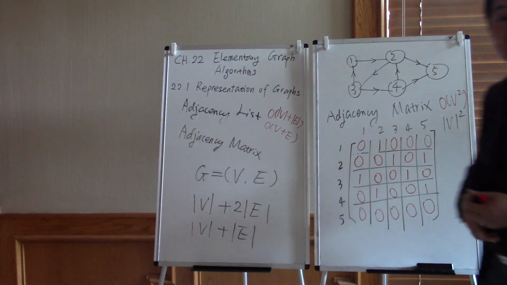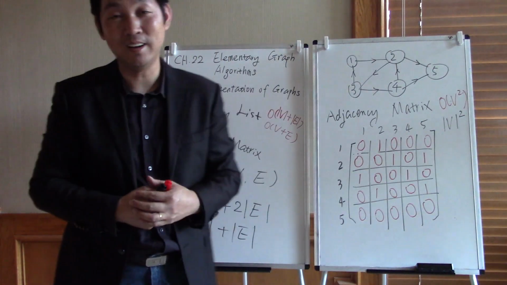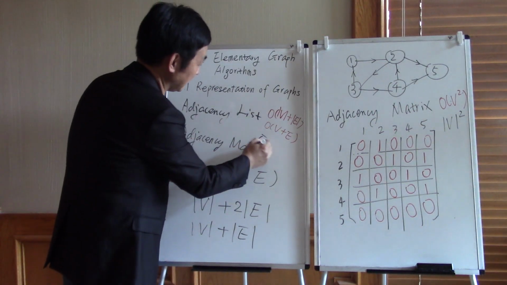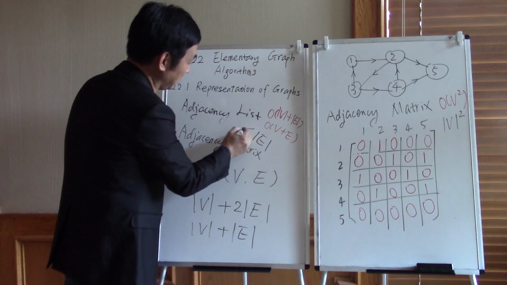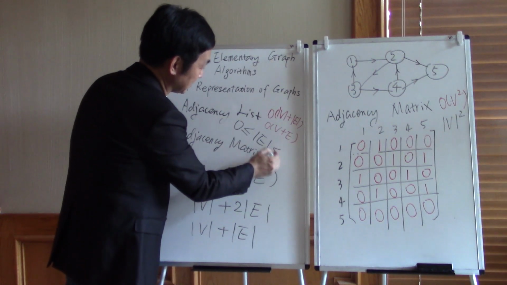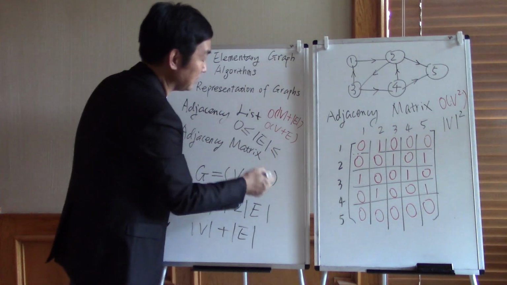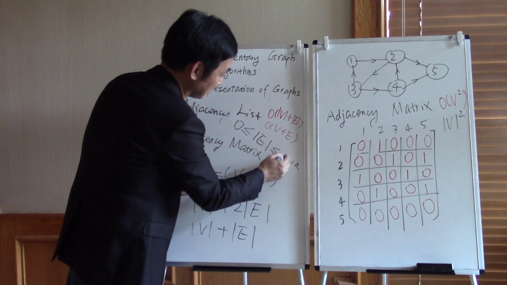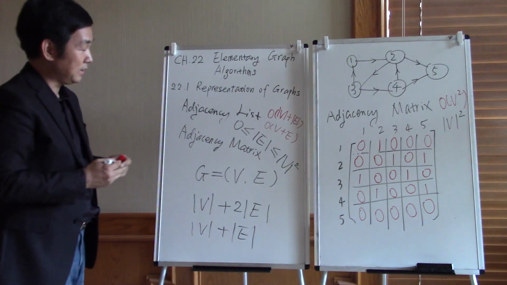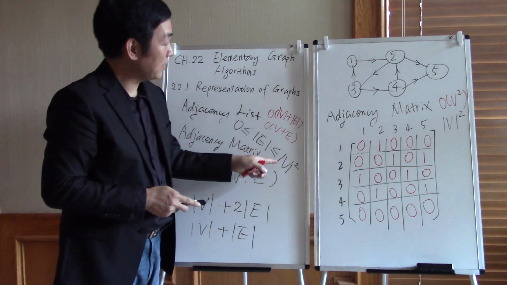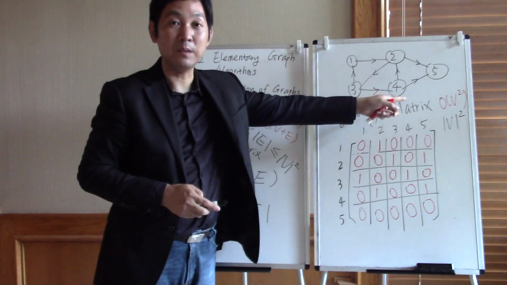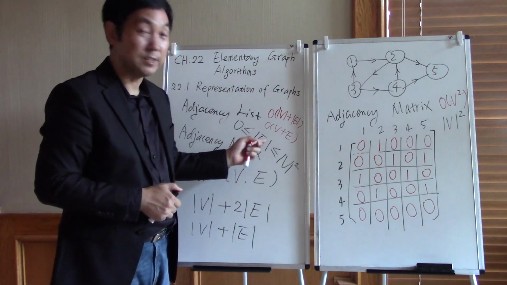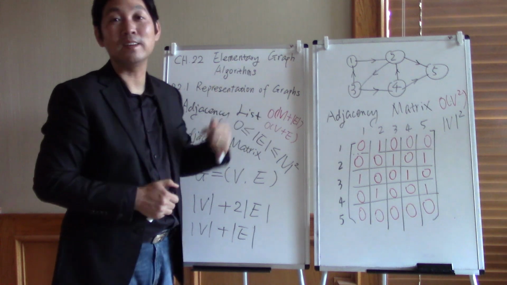Which one is bigger, which one is smaller? Well, that depends on how large e is, because e can be as small as 0, and it can be as large as v squared if we allow self loops. So if e is of the order v squared, then the two become the same order of size. And if e is less than order v squared, then the adjacency list seems to be smaller, right?